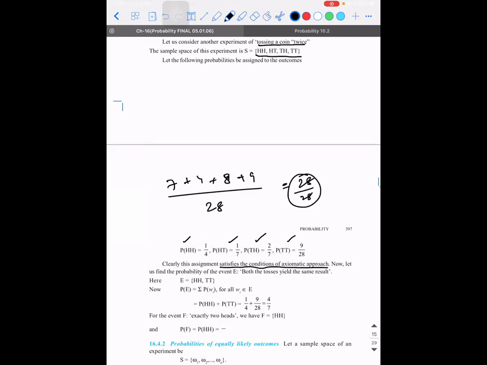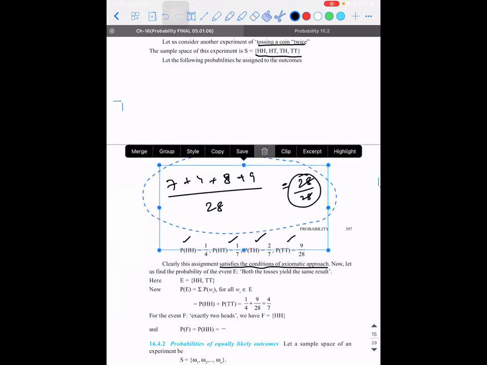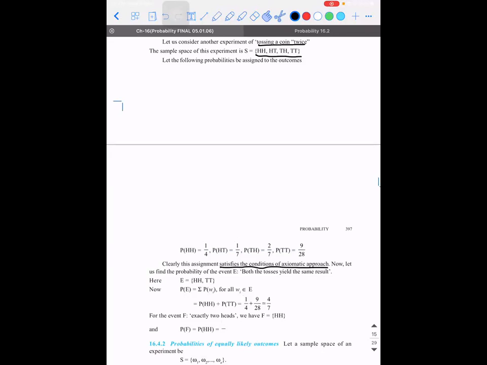Now let us find the probability of event E. What is the event E they are trying to define? Both the tosses yield the same result. That means both tosses should give either head head or tail tail. So it is the probability of getting a head and a head plus the probability of getting a tail and a tail.